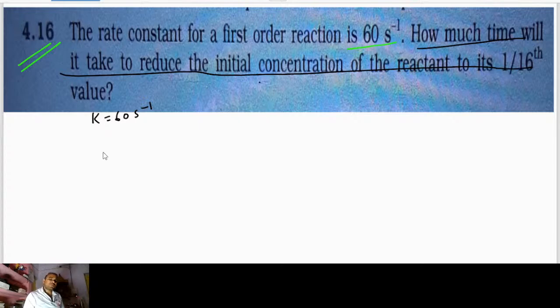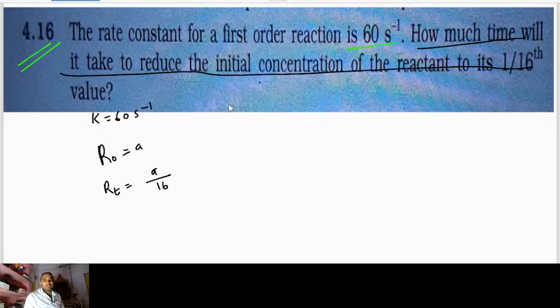So suppose the initial concentration R naught is A, so Rt is equal to A by 16, student. Now if I solve this problem, what will be the answer? K is already there, so t they are asking now.